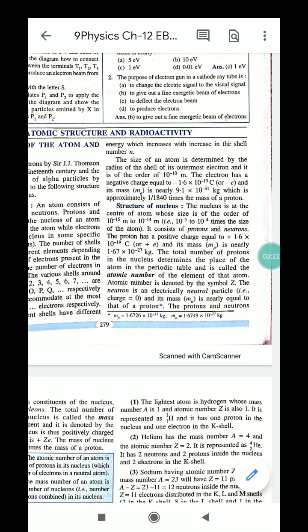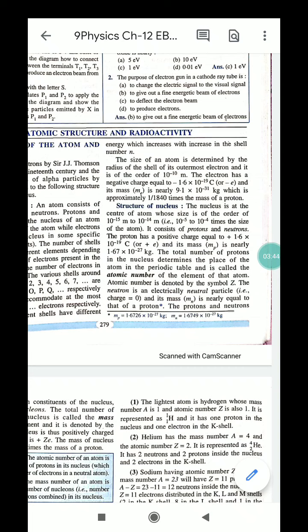It consists of protons and neutrons. The proton has a positive charge equal to plus 1.6 into 10 to the power minus 19 C, or e, and its mass m_p is nearly 1.67 into 10 to the power minus 27 kg.